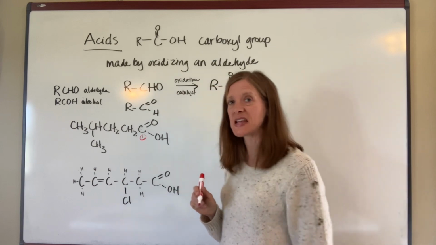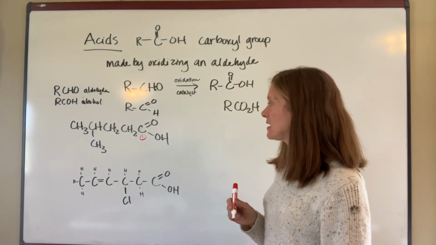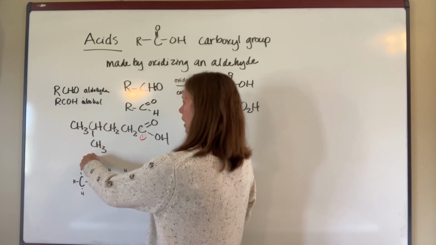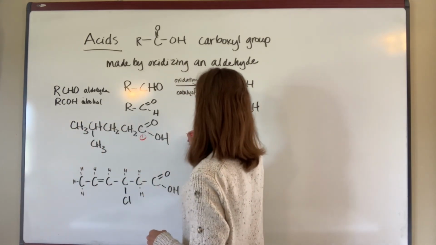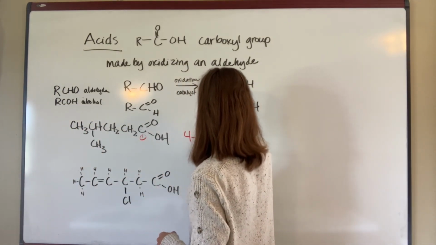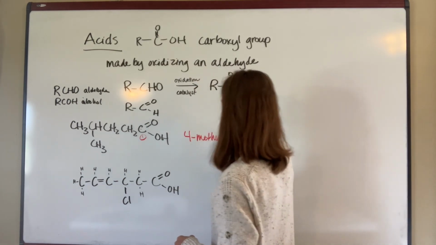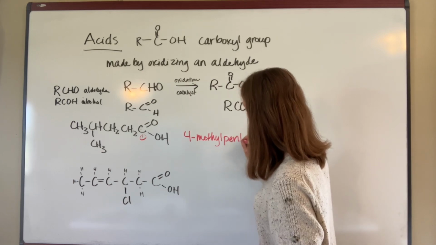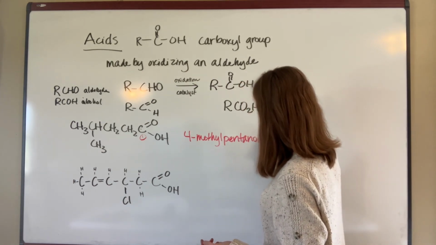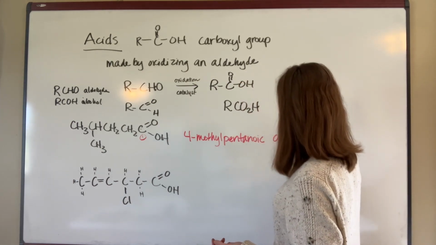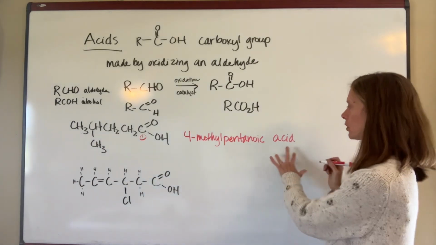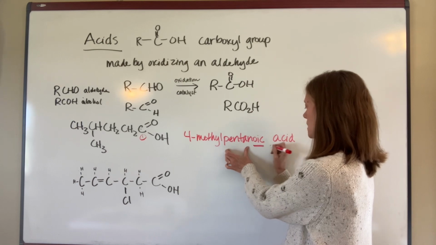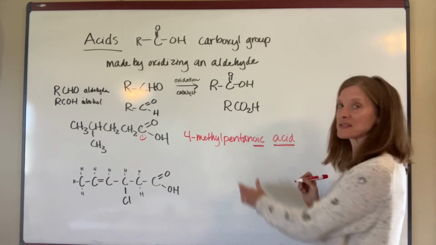So I have a pentane as my base. You can see that I've got a methyl group on the number 4. So this is a 4-methyl. And then I name it as a pentanoic acid. An acid is a separate word. So whatever the base group is, you add OIC, and then you add the word acid.